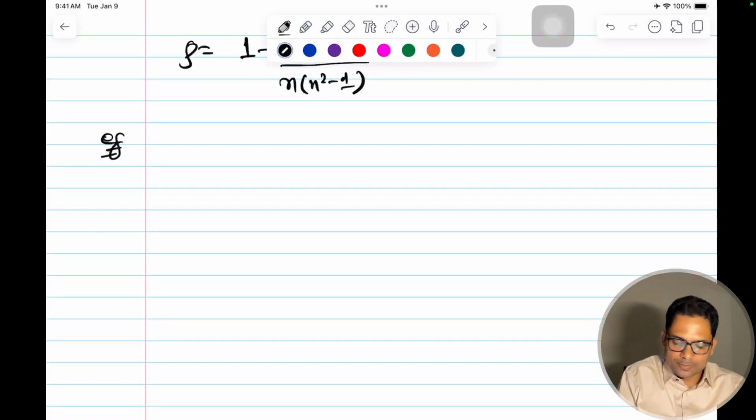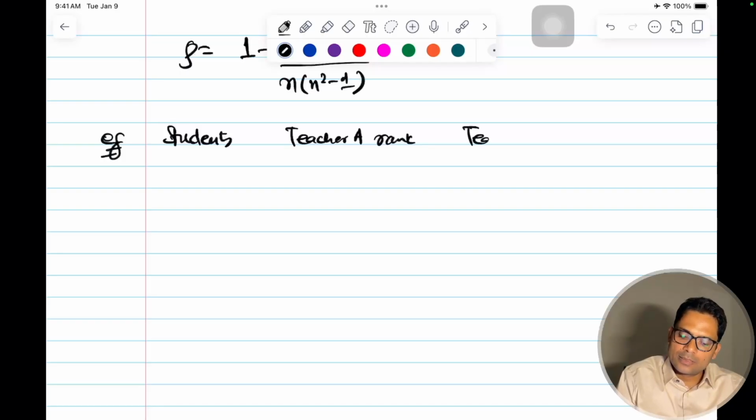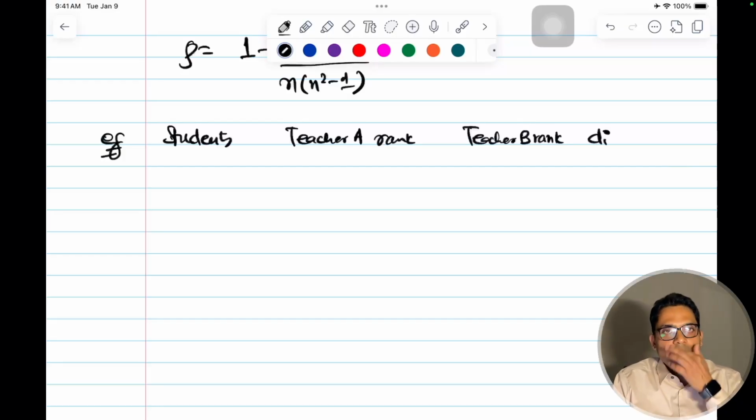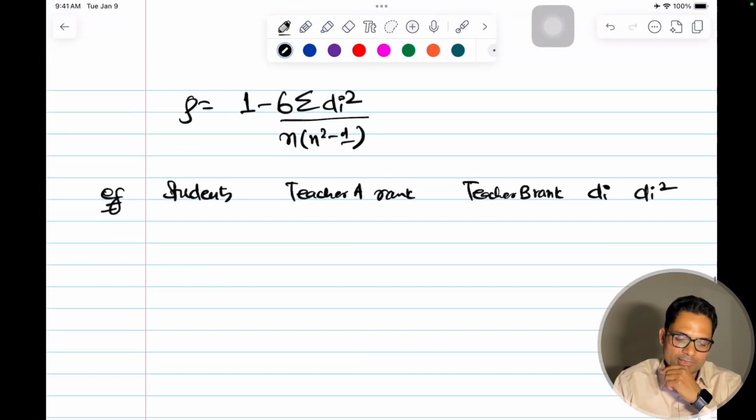For example, the students, and then there is teacher A rank, and then teacher B rank. And then there's a difference, di, the difference in the ranks, and then we want di square, and the summation of all.